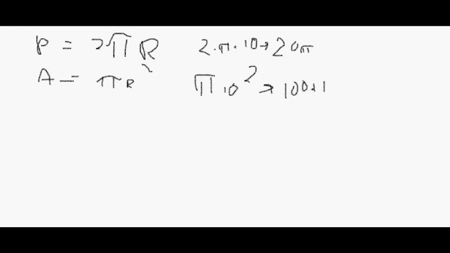That makes sense. So now all we have to do is figure it out. 20 times pi, 3.14, is 62.8, or we'll just say 63 for the perimeter. And for the area it is 100 times 3.14 equals 314. And that's the area. Alright, that's how you would figure it out.